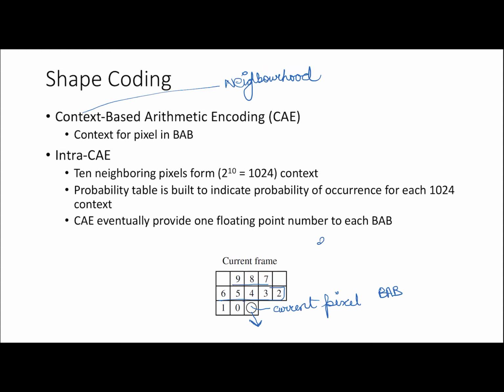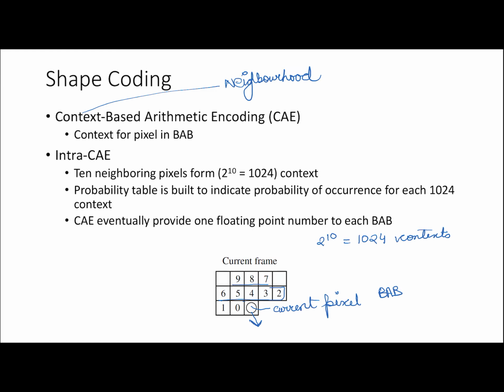These 10 binary numbers can offer up to 2 raised to power 10, which equals 1024 possible contexts. It is apparent that certain contexts, for example all ones or all zeros, appear more frequently than others.